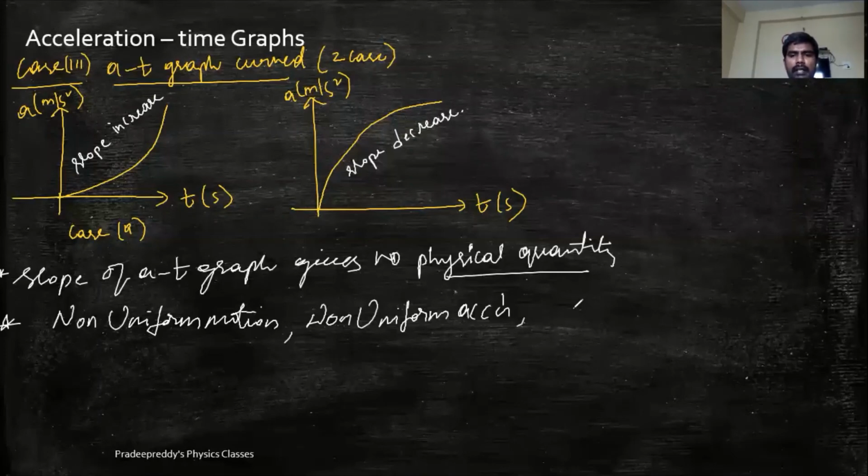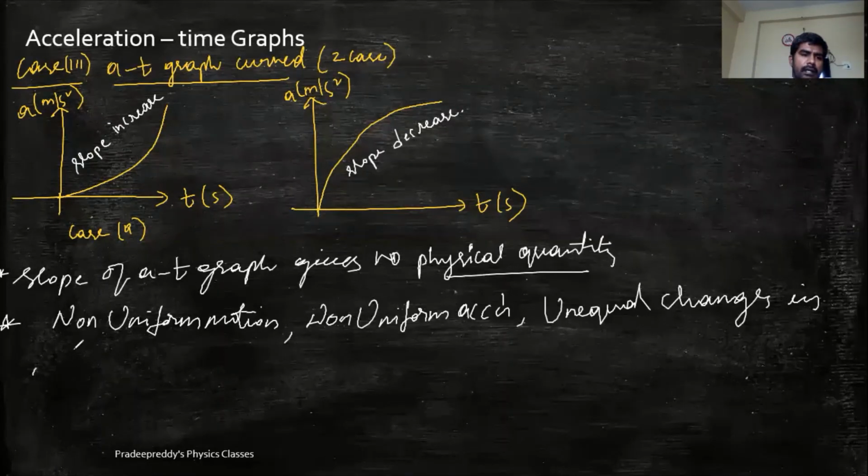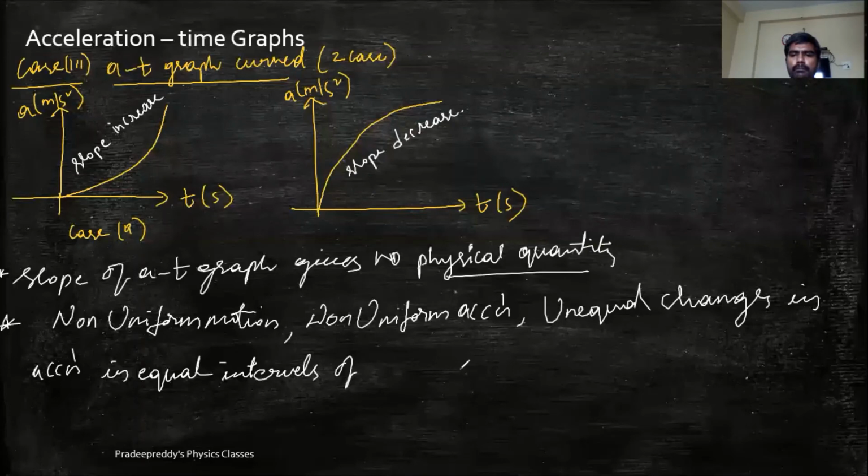That means unequal changes in acceleration in equal intervals of time. So this is the information you can collect from an AT graph. Mostly these types of graphs you will not see in kinematics at your intermediate standard level.